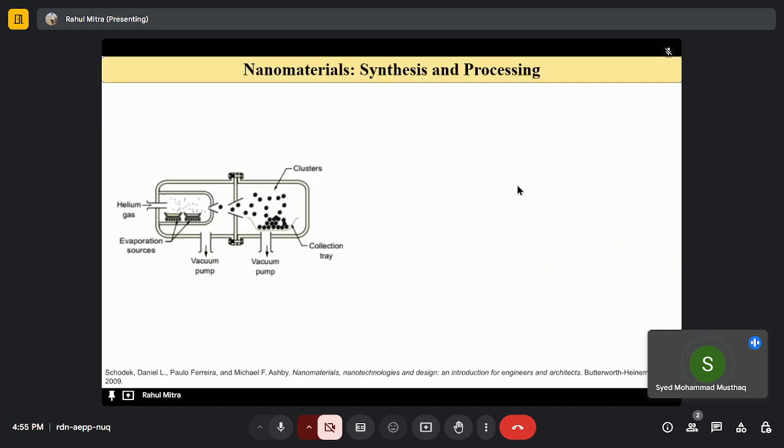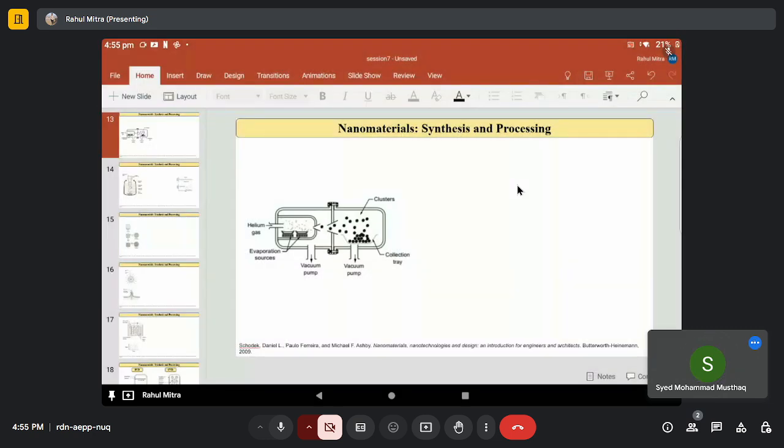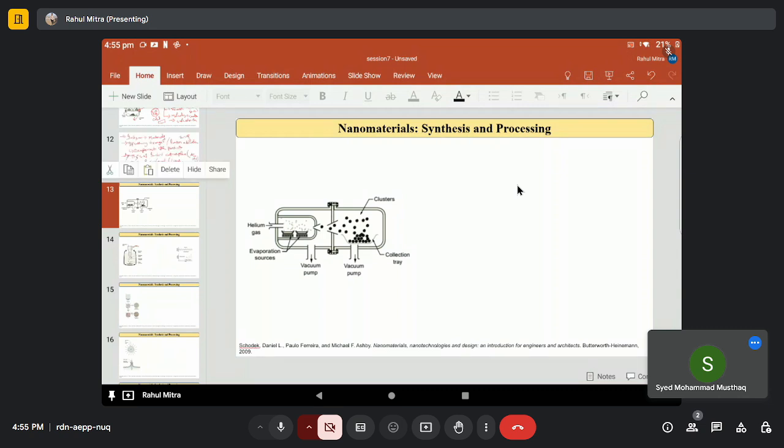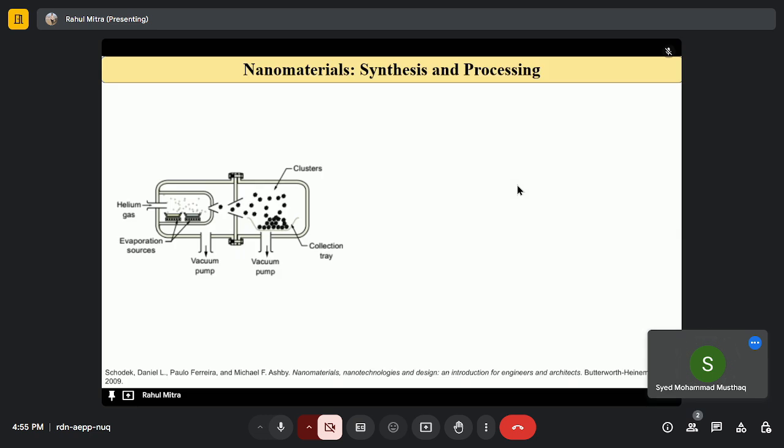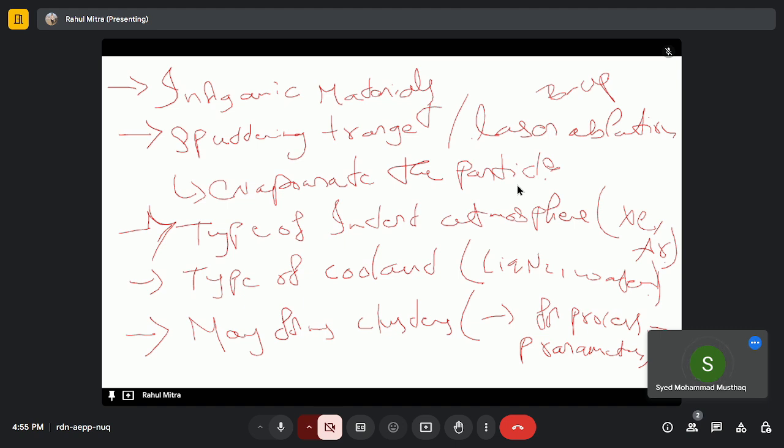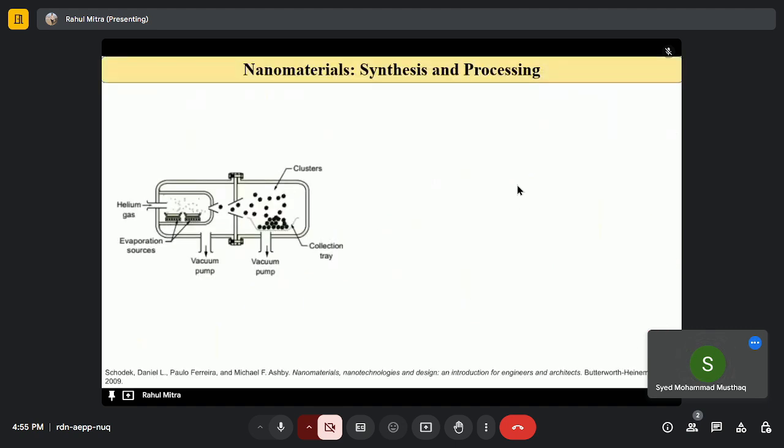Then again there is a process which is the same as inert gas condensation. This process is inert gas expansion. So what is the difference between these two processes? Again, the process is the same, but the only difference is that instead of condensation, we have evaporation.